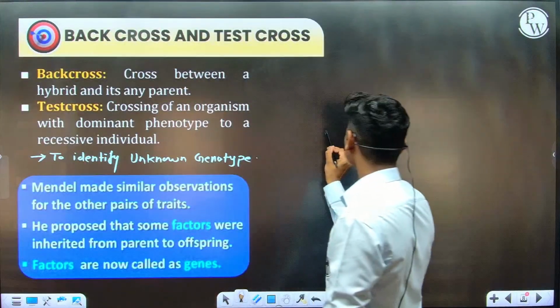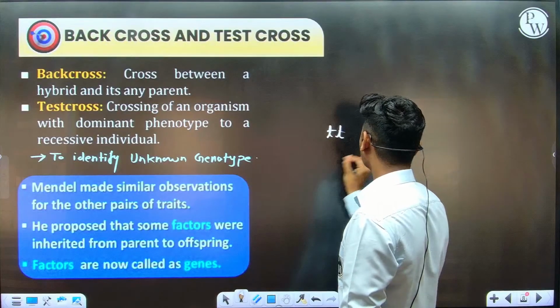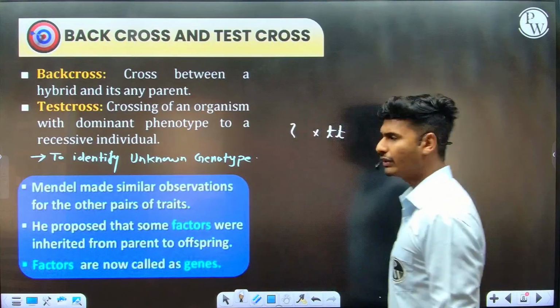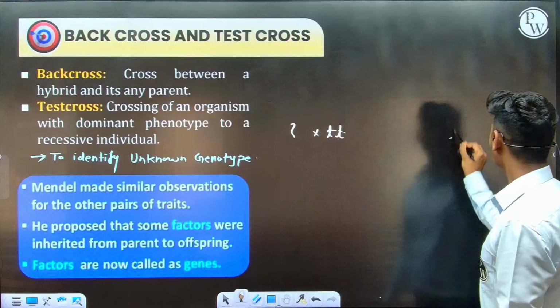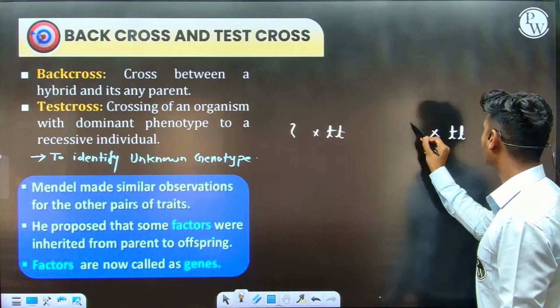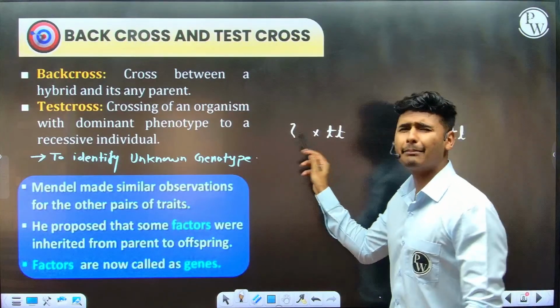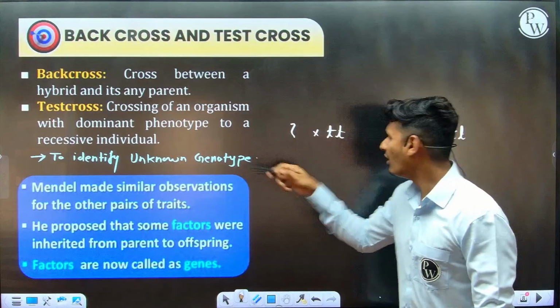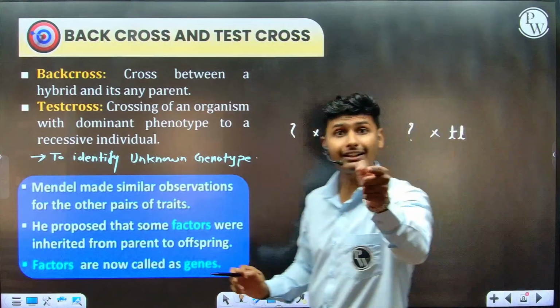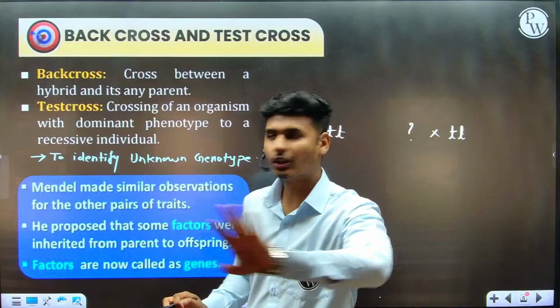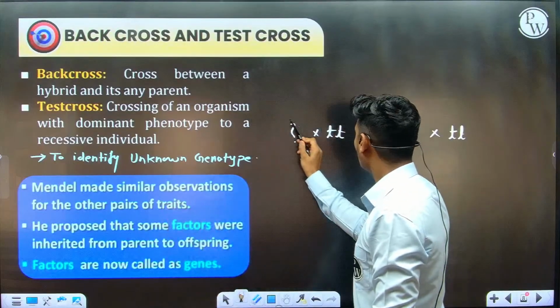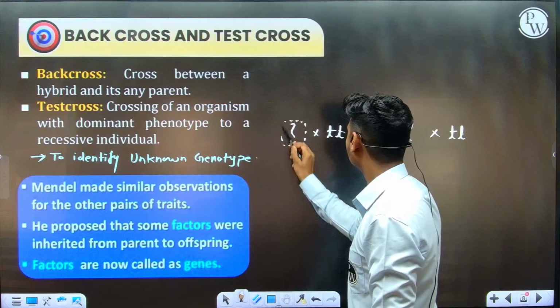Take the recessive parent as small t cross with unknown. We don't know whether this is capital T tall or capital T small t tall, pure line tall or hybrid tall. We just have to identify this unknown.